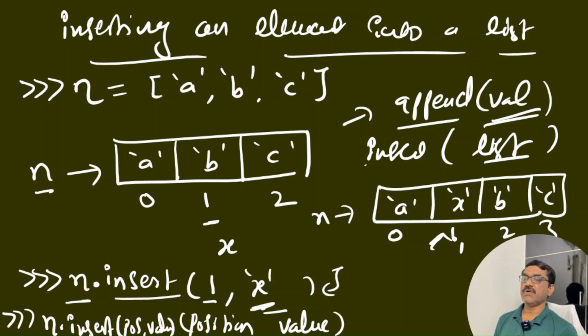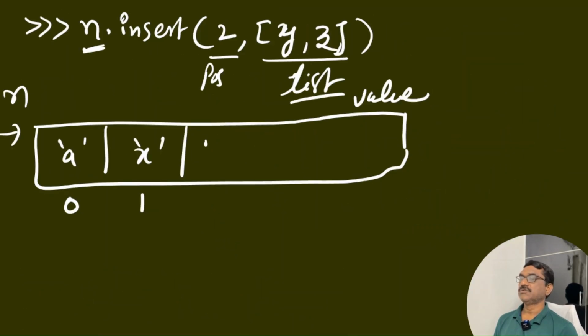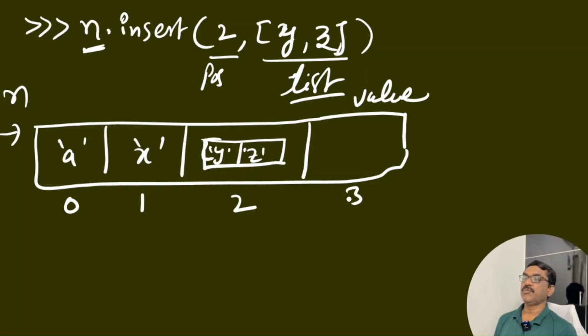But for the list n, what we have added at position 2, right? At position 2, we are going to have another list like this, y and z. You see this, y, z. At position 3, we already have c.